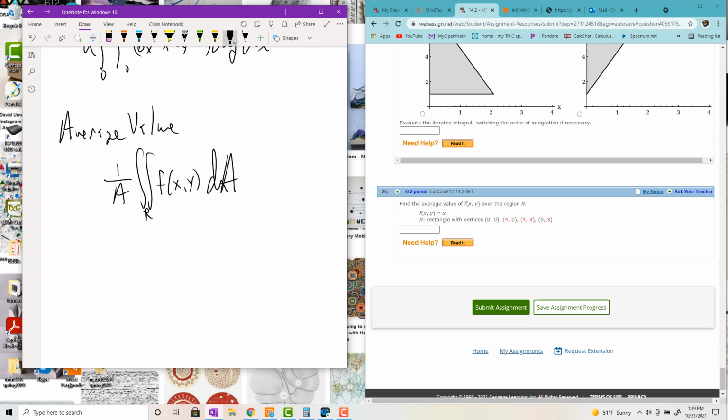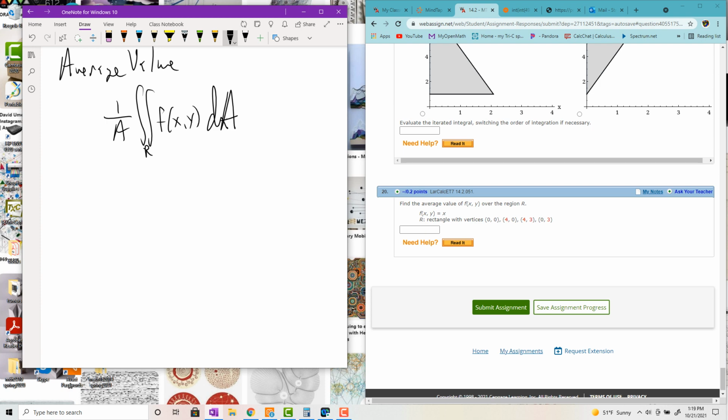In this case, the region we're integrating over is from 0,0 to 4,3, so it's a rectangle, no big deal.